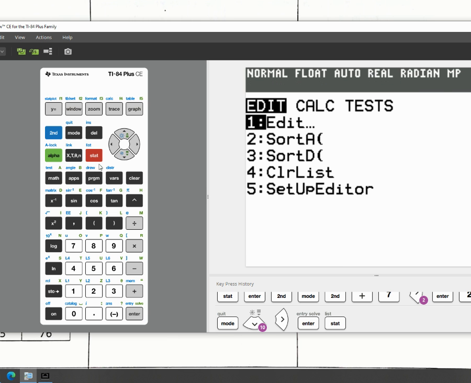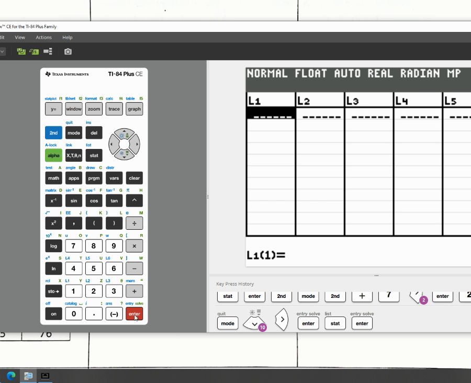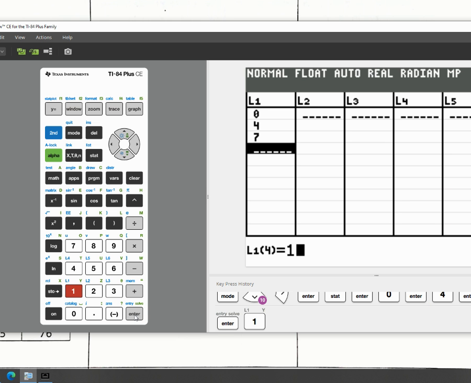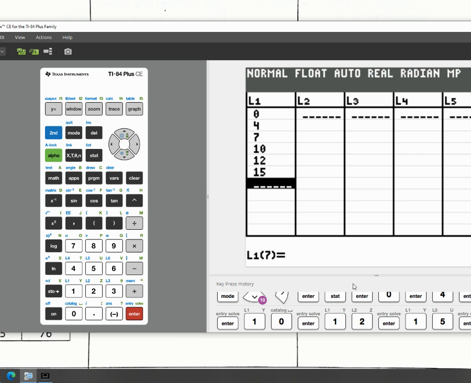Let's go to Stat, and we're going to edit. Let's enter this first group of data that they gave us. My X column includes 0, 4, 7, 10, 12, and 15. I'm going to scroll over to List 2.